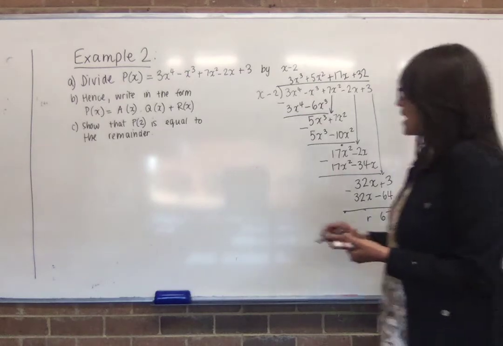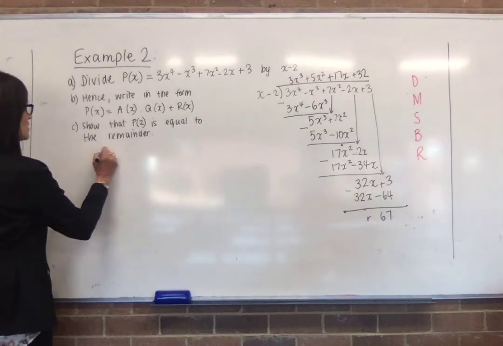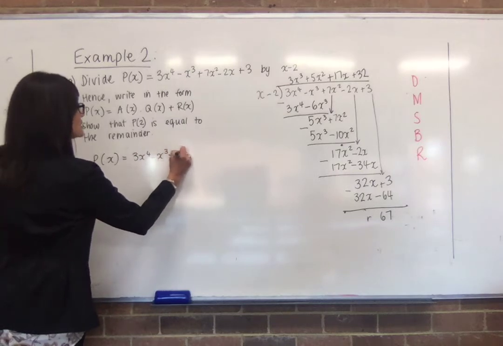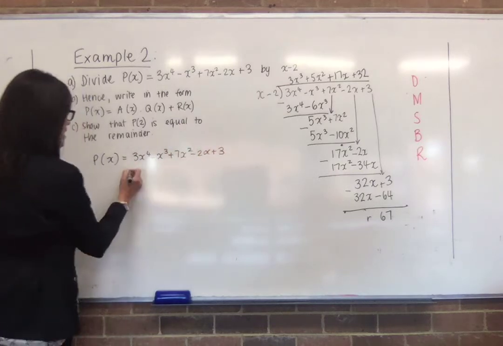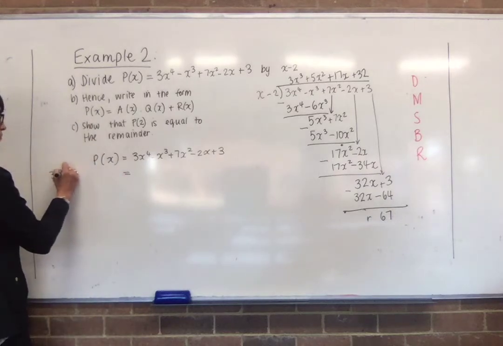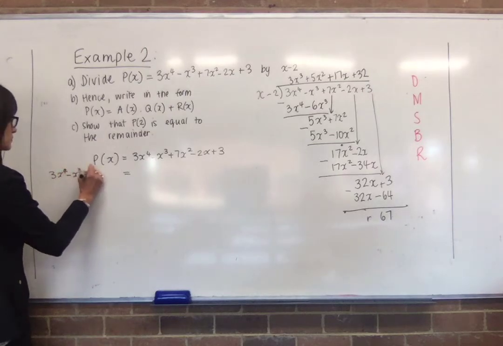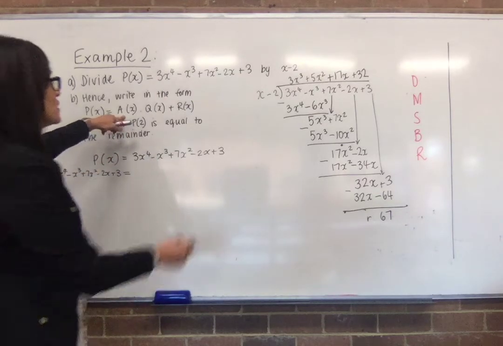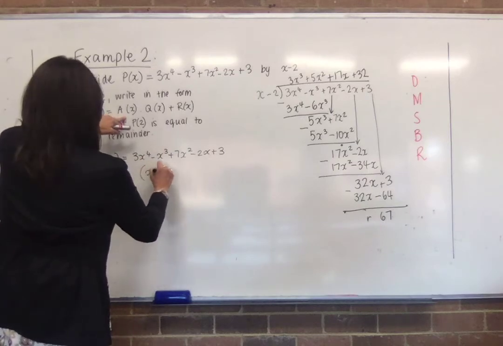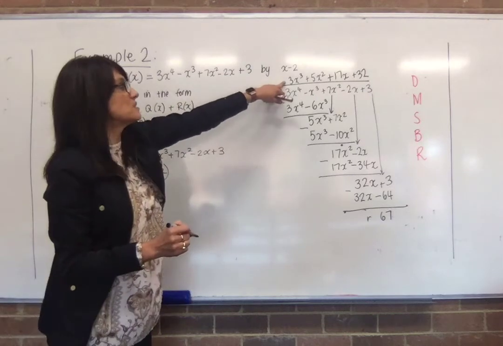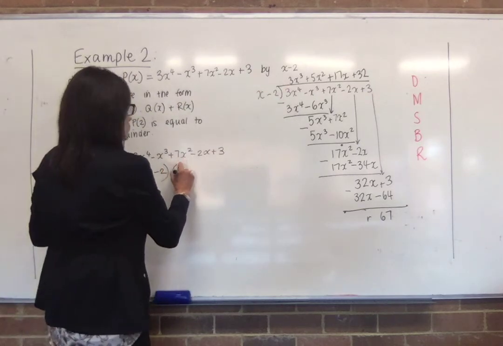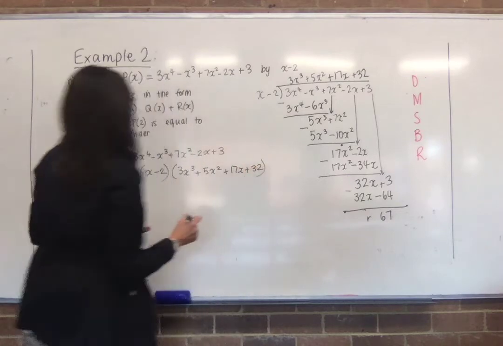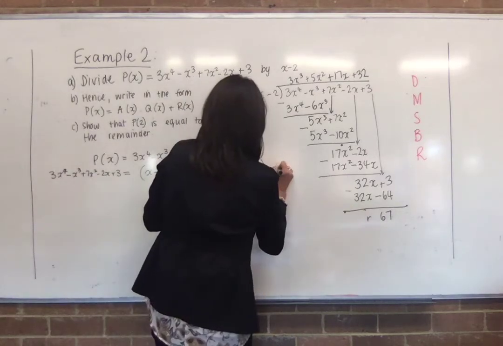That's our remainder. So if we're going to write it in the form for part B, we've got the polynomial, which is 3x to the power of 4 minus x cubed plus 7x squared minus 2x plus 3, is equal to, remember this is like our divisor, x minus 2, times our quotient, 3x cubed plus 5x squared plus 17x plus 32, and then plus our remainder, which is 67.